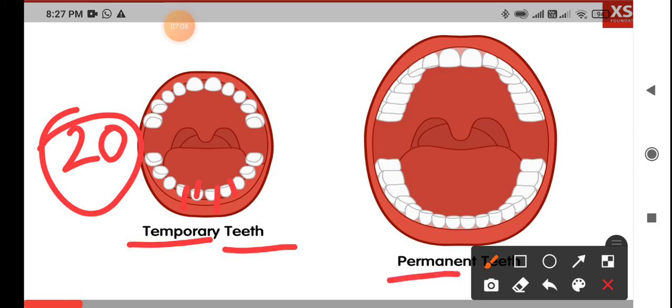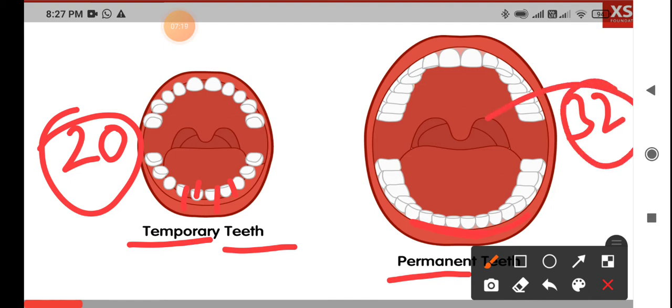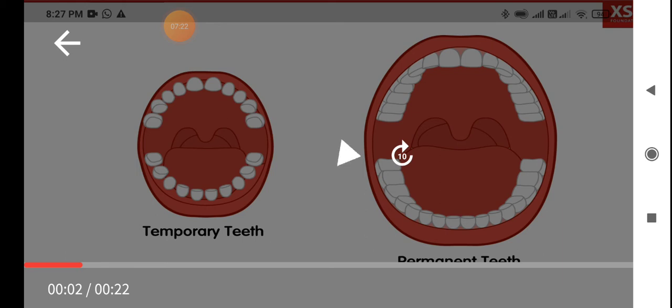So these teeth are known as permanent teeth. They are very closely packed. You can see there is no gap in between them, and they are 32 in number in total. Okay. Now once again we'll see.